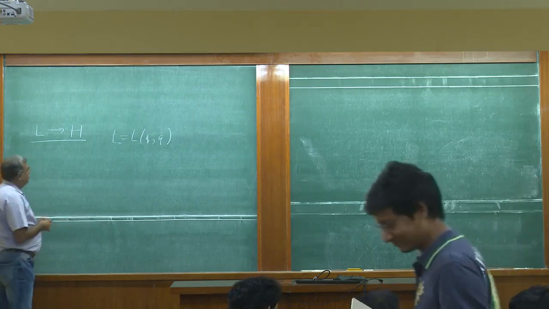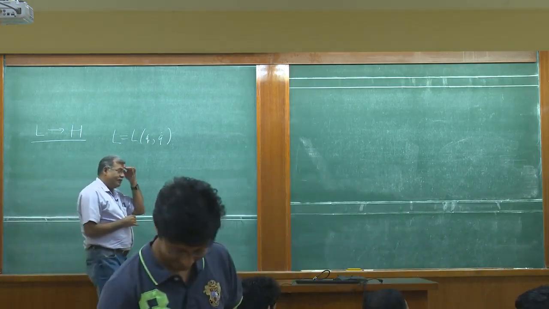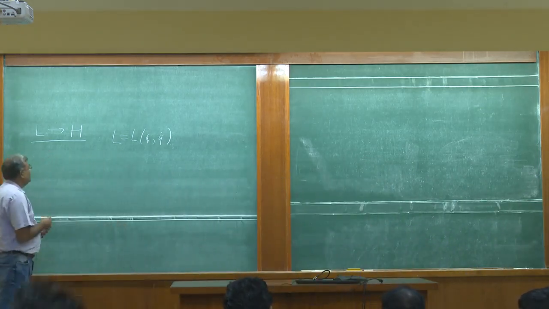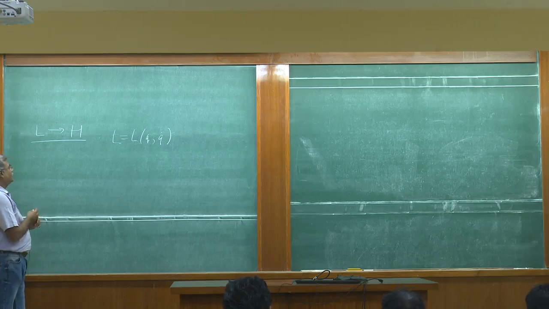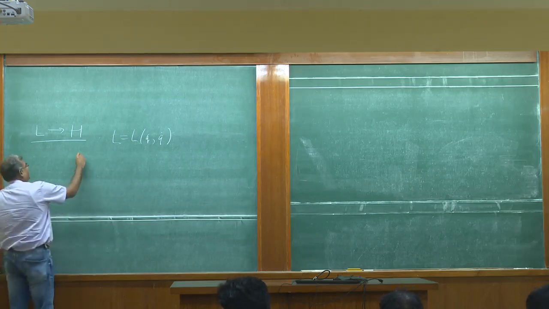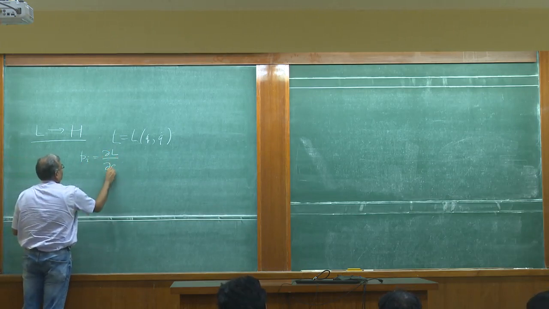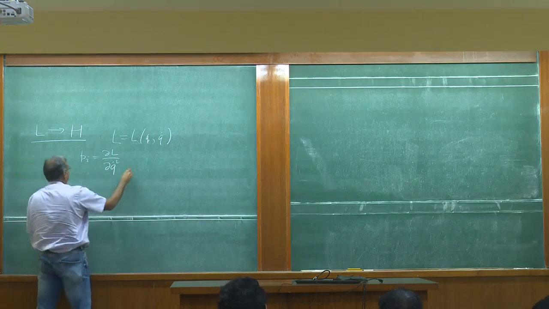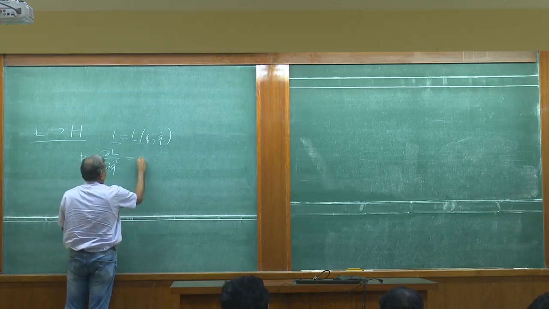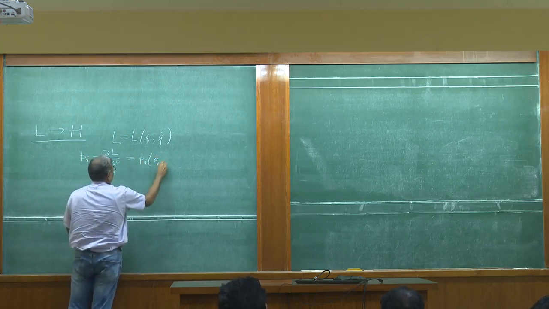So I was just talking about the passage from Lagrangian to the Hamiltonian. So our L is a function of q and q dot, and as everybody knows, del L del q dot i gives you the canonical momentum, and these momenta come out as functions of q dot.